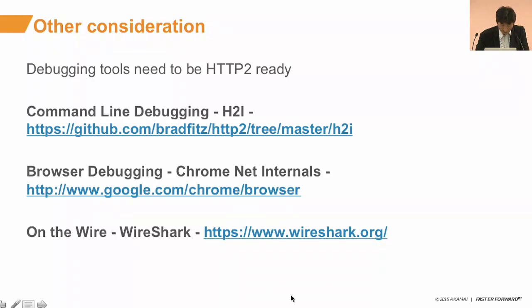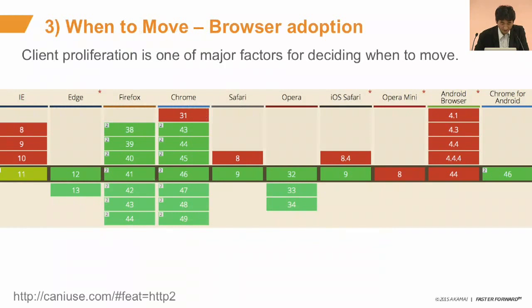So once you're ready on the server side, then let's look at the client side, the browser side. This chart shows the readiness of the major browsers for HTTP2. Most of the major browsers are already HTTP2 ready, and Internet Explorer's latest version works on Windows 10. It only works for HTTP2 there.